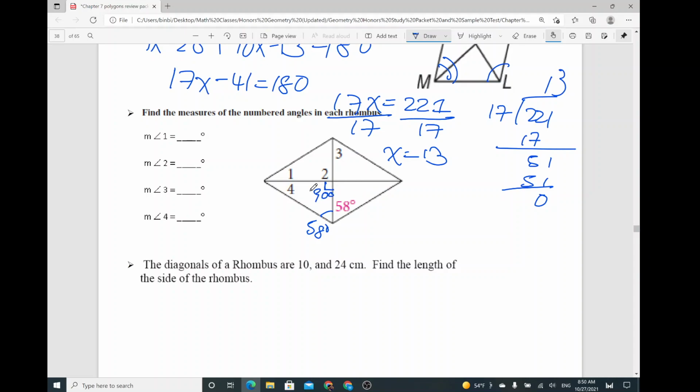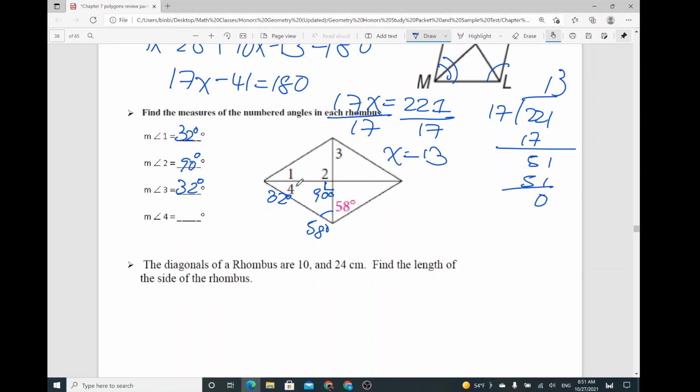To get the measure of angle 4, using the triangle sum theorem, 180 minus 90 minus 58. In other words, 90 minus 58, that'll be 32 degrees. So angle 3 is 32 degrees. If this one is 32 degrees, angle 1 is also 32 degrees, because the two diagonals always bisect the angle. And the measure of angle 2 is obviously 90 degrees, perpendicular.